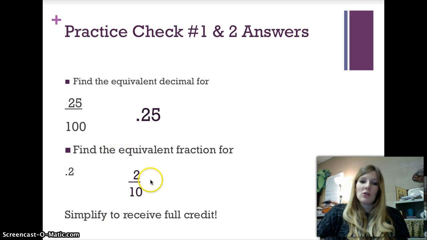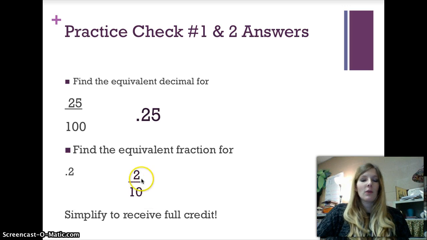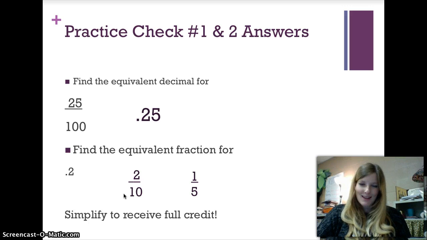If you look at 2 and 10, what do you know about those numbers? Hopefully you recognize 2 is an even number and 10 is an even number, which means they can both be divided by 2. So if we divide 2 by 2 and 10 by 2, we get 1/5. So 1/5 is your final full credit answer. If you got 2 tenths but you couldn't figure out how to simplify, you get half credit.